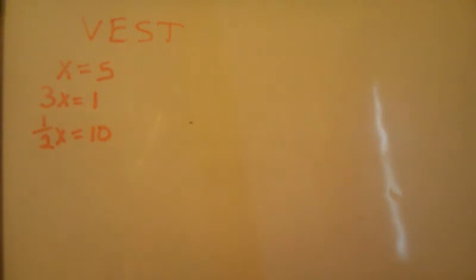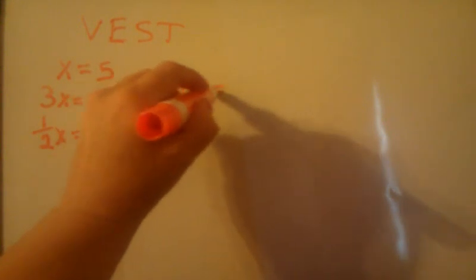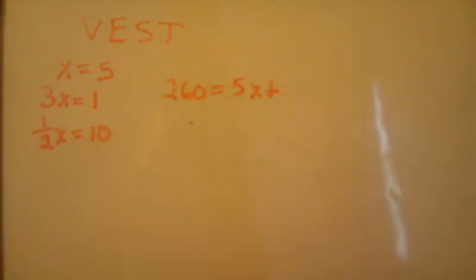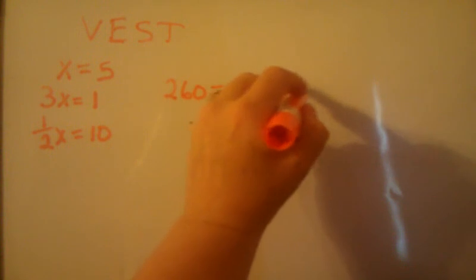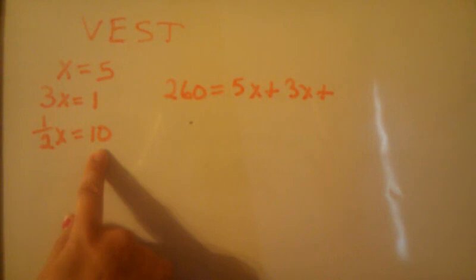So what is my equation? It says a bank teller was asked to cash a check for $260. So it has to equal $260. So we have $260 equals, how much is a $5 bill? Well, it's $5. So 5 times X plus how many $1 bills? Well, 1 times 3X, which is 3X, plus how much is a $10 bill?